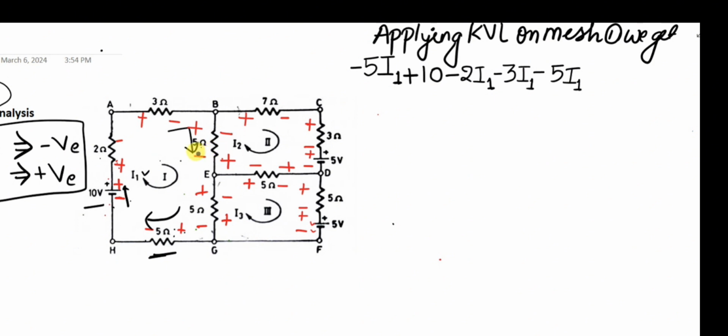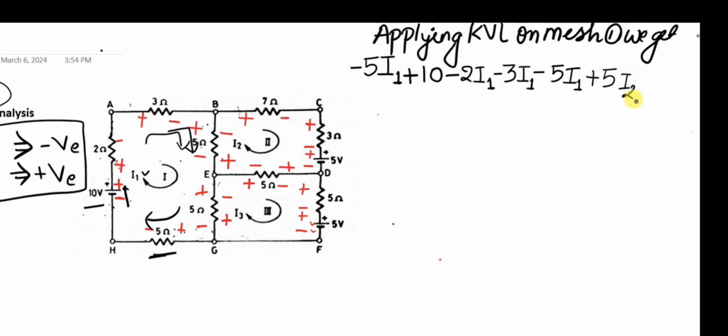Since we are now dealing with mesh 1, you can't change the direction, so you have to go in a clockwise direction. We find that current I1 goes from plus to minus, so we write minus. But going from upward to downward, we find that I2 flows minus to plus, so we'll write plus 5I2.